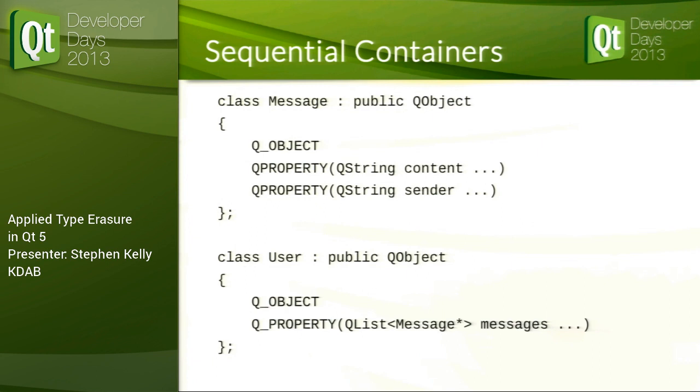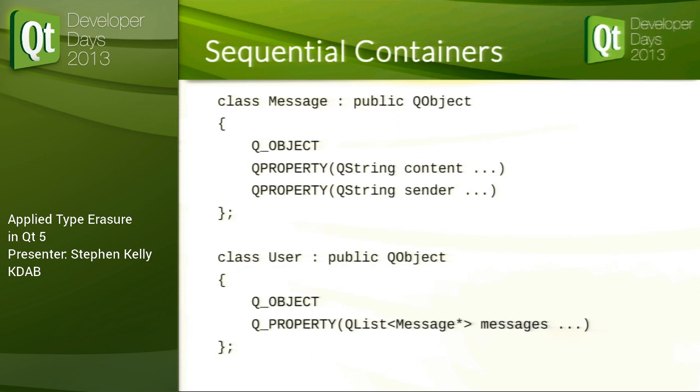Another item that I have is iteration. My user has a bunch of messages. So I have down at the bottom a Q_PROPERTY, which is of type QList of Message star. It's named messages, and there's some way to read from it, some way to write to it.